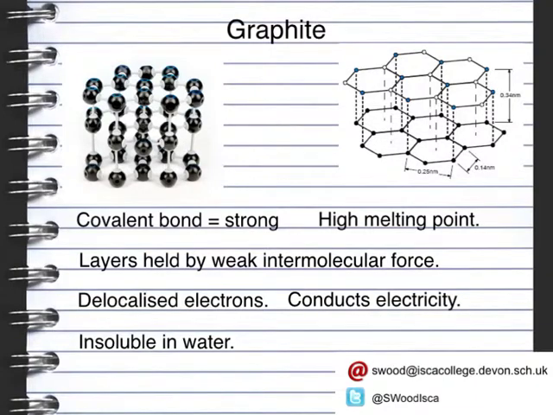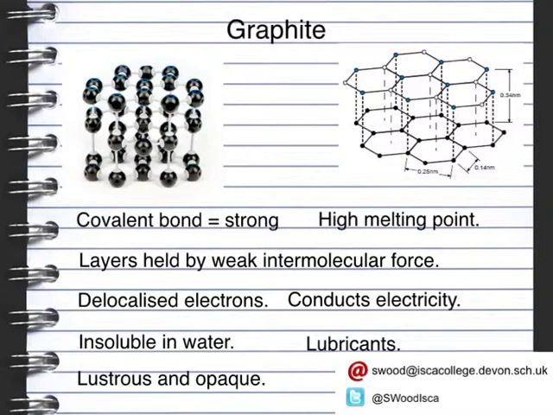Now carbon graphite is also insoluble in water. It is also lustrous and opaque, meaning that light cannot travel through it. It also has a dark colour, which makes it useful for pencil leads. Now one of the uses for graphite is as a lubricant, and it's because of the layers and the ability for those layers to move and slide across each other.